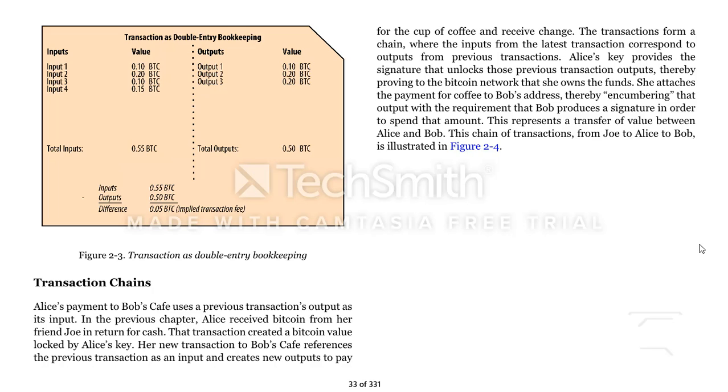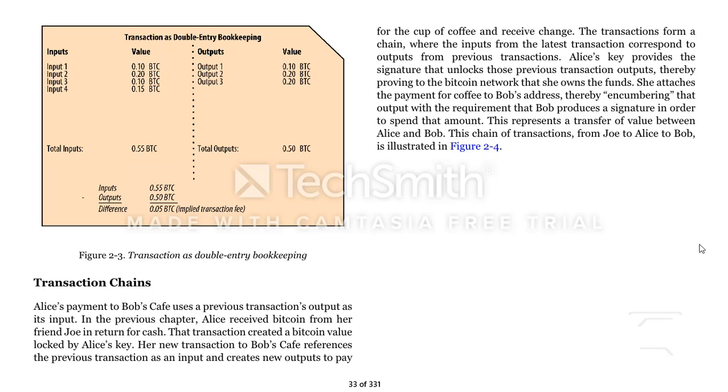The transactions form a chain, where the inputs from the latest transaction correspond to outputs from previous transactions. Alice's key provides the signature that unlocks those previous transaction outputs, thereby proving to the Bitcoin network that she owns the funds. She attaches the payment for coffee to Bob's address, thereby encumbering that output with the requirement that Bob produces a signature in order to spend that amount.